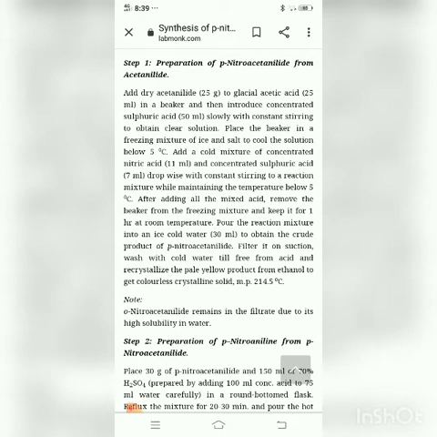Add a cold mixture of 11 ml of concentrated nitric acid and 7 ml of concentrated sulfuric acid dropwise with constant stirring.